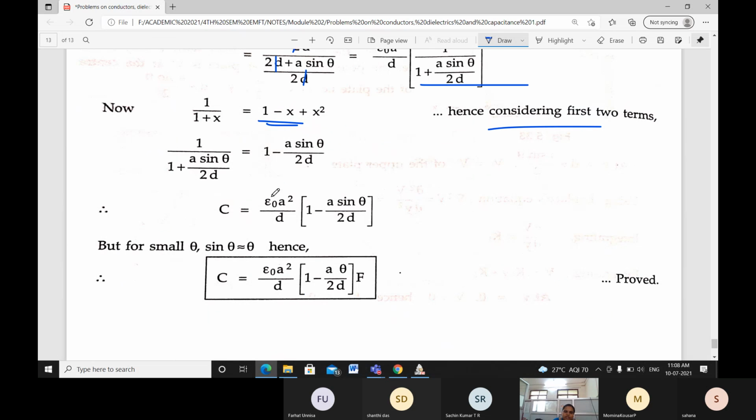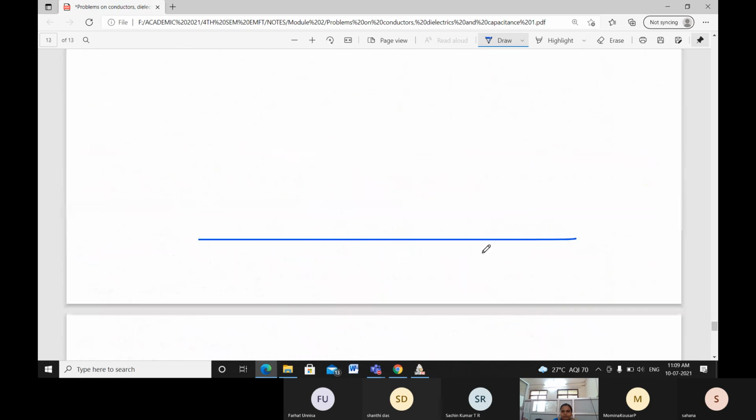Therefore C is epsilon naught a square divided by d, 1 minus a sin theta divided by 2d. This is a basic maths equation. Since theta is very small, sin theta is nearly equal to theta, hence C is equal to epsilon naught a square divided by d into 1 minus a theta divided by 2d farads. This is the proof of the given problem.